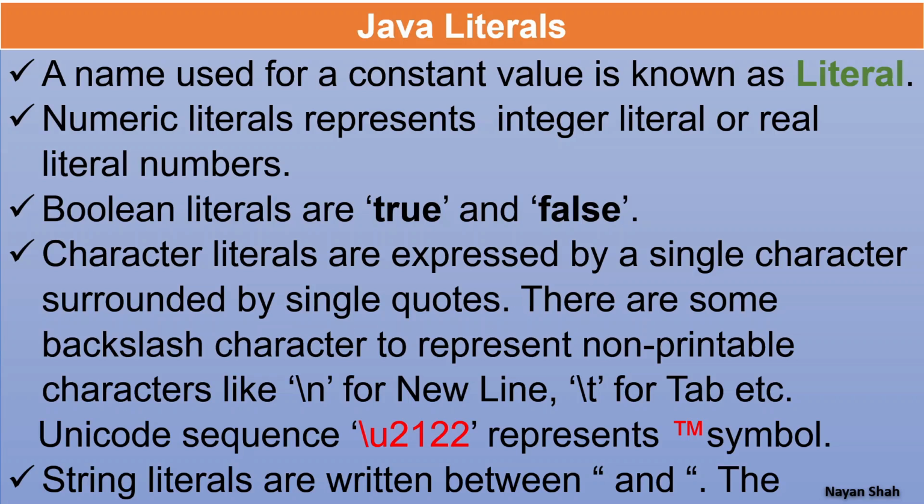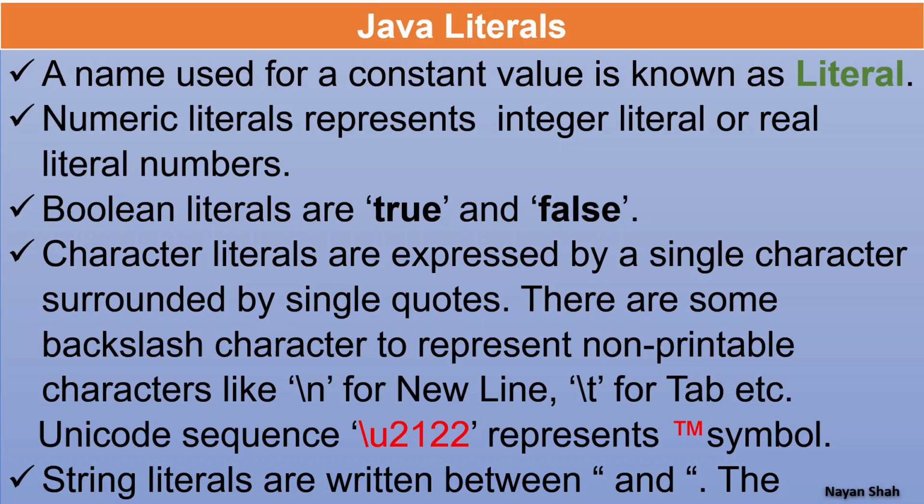Character literal is used to express a single character surrounded by single inverted comma, and there are certain backslash characters. Now there are certain characters which are non-printable characters, like the enter key and space bar. Backspace and tab key are all non-printable characters. We don't see those characters on screen.